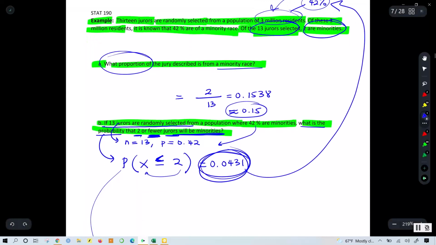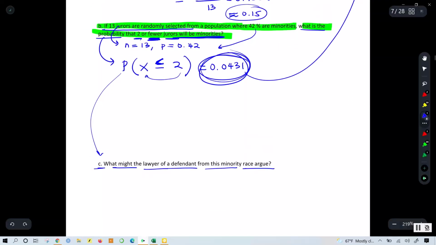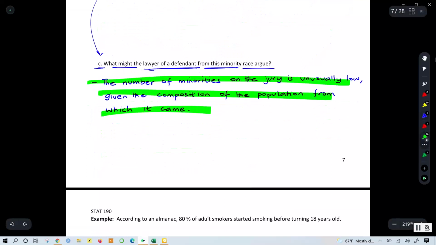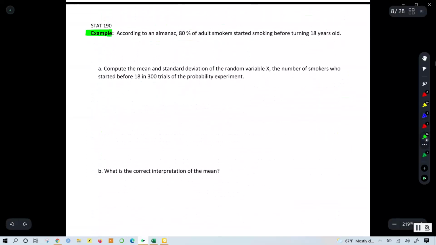So the lawyer in this case, for a defendant, might argue that the number of minorities on the jury is unusually low, given the composition of the population from which it came. Let's write that down. So we have written that statement down. We now proceed to the next example.